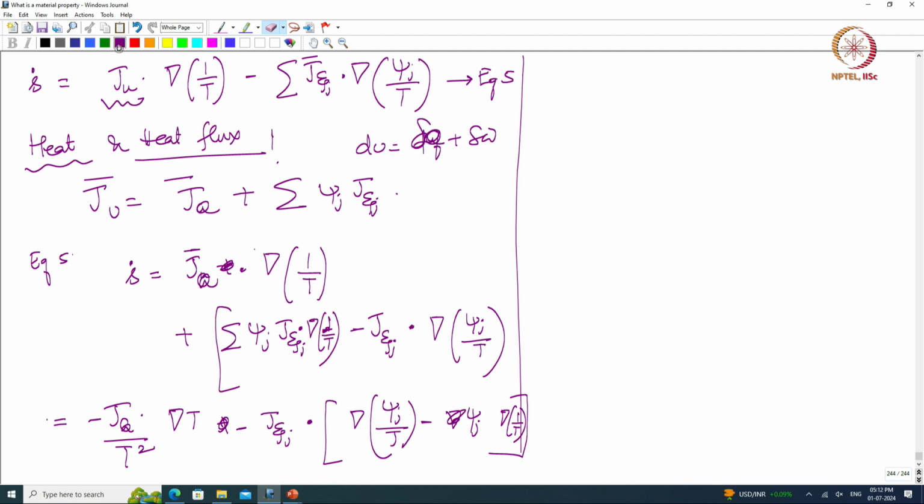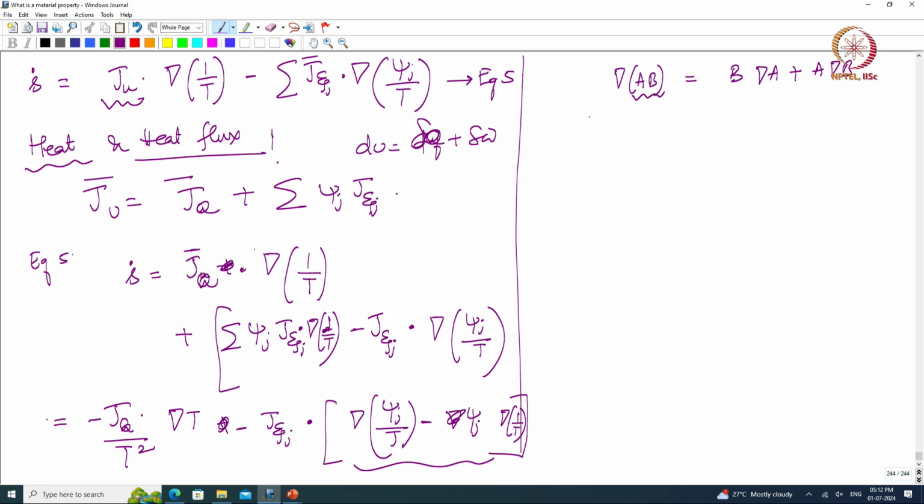Okay. Now, what is this? This again I have an AB sort of a rule, right. This is like the gradient of AB, right. So the gradient of AB is equal to B gradient of A plus A gradient of B, right. Both of them are scalars now, right.